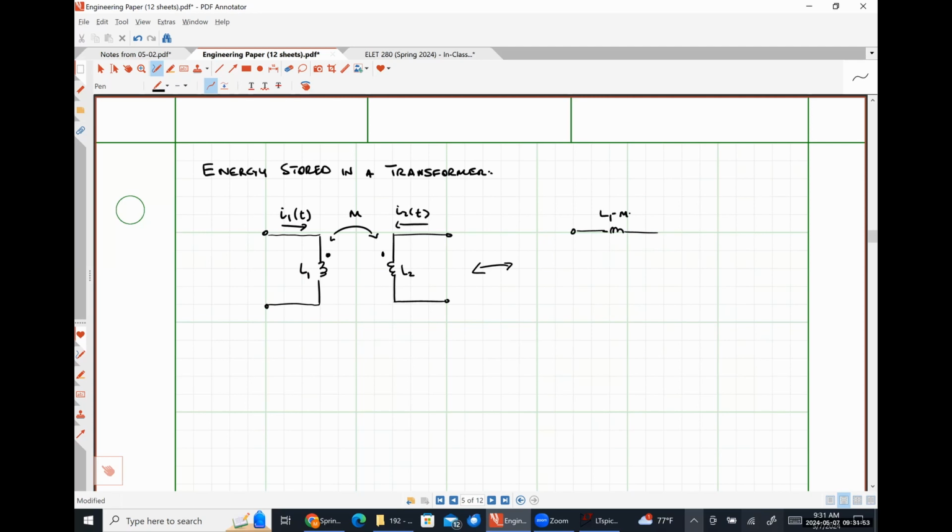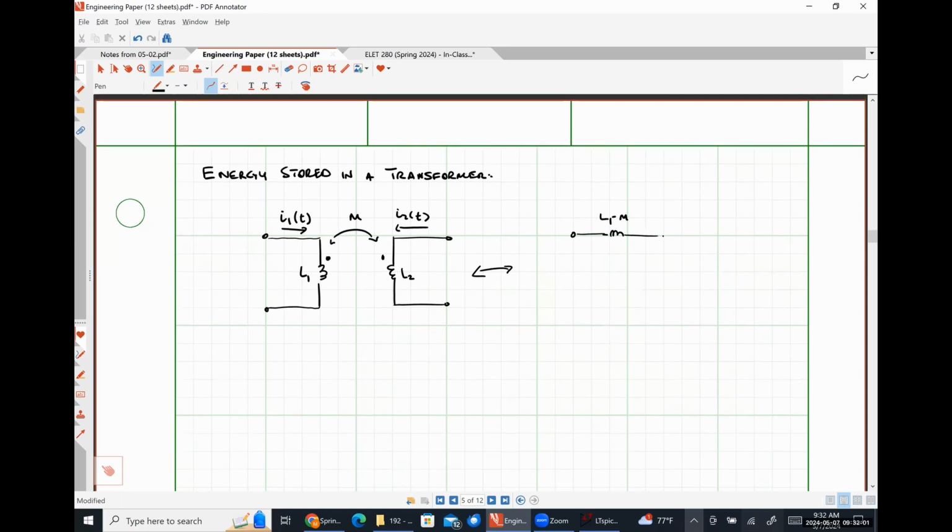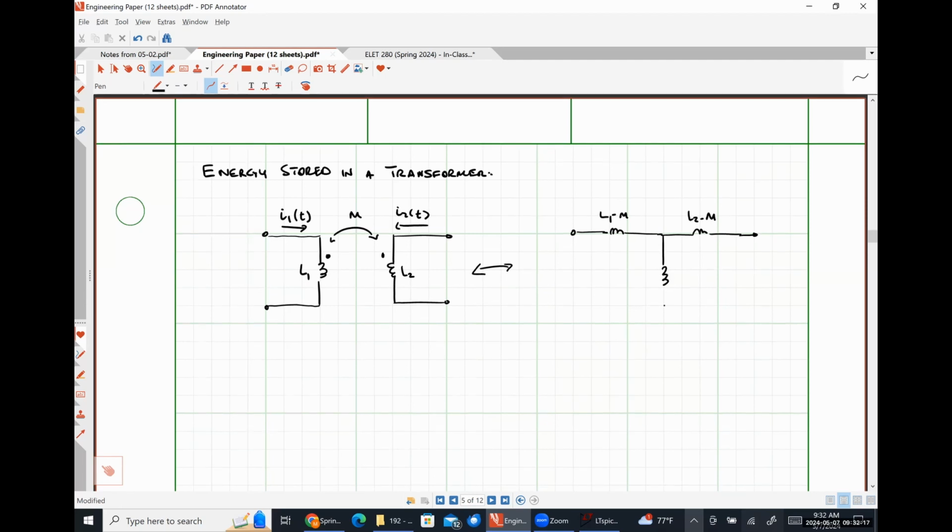So I'm representing this as L1 minus M because the dots are on the same side and the currents are flowing into the dots. This would be L2 minus M for the exact same reason. And this would be M, like so.